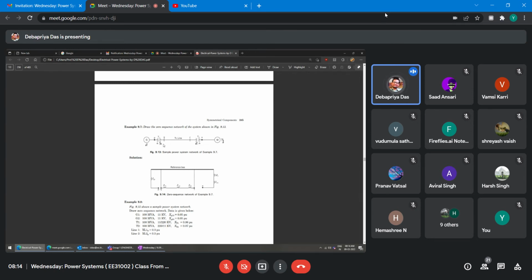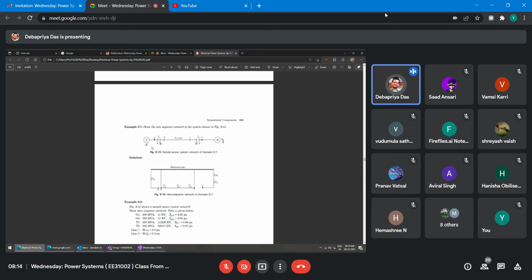But this one is star grounded, and here also star grounded. So from here to here zero sequence current will flow. This is ZT1, the transformer impedance. This is also transformer impedance ZT2, and this is the transmission line ZL0. So this is your zero sequence diagram.